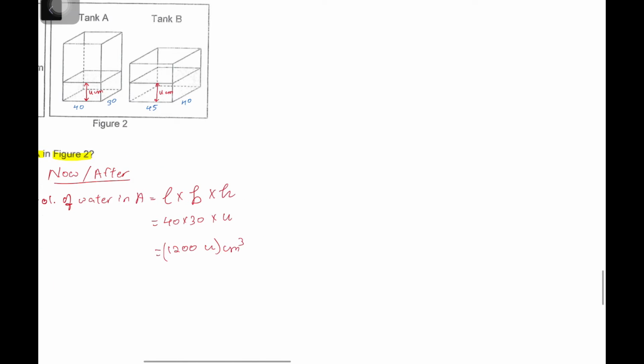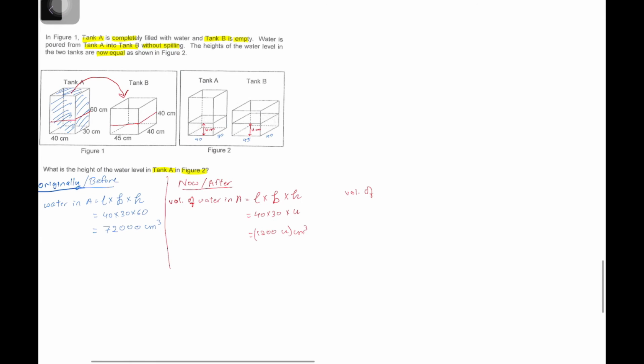and the volume of water in B is the same. The formula is the same, which is length times breadth times height.